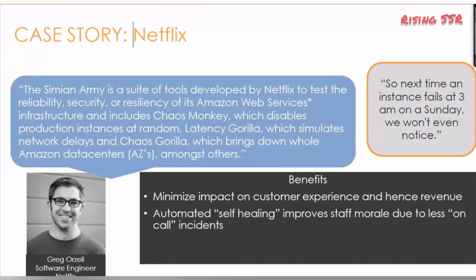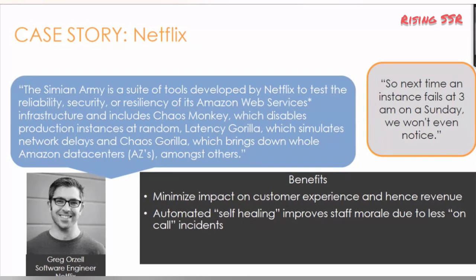But in the case of Netflix, I mean, how they did it. They have this suite of tools which is called Simian Army, and Chaos Monkey is one of the tools in the suite, and it is really amazing.